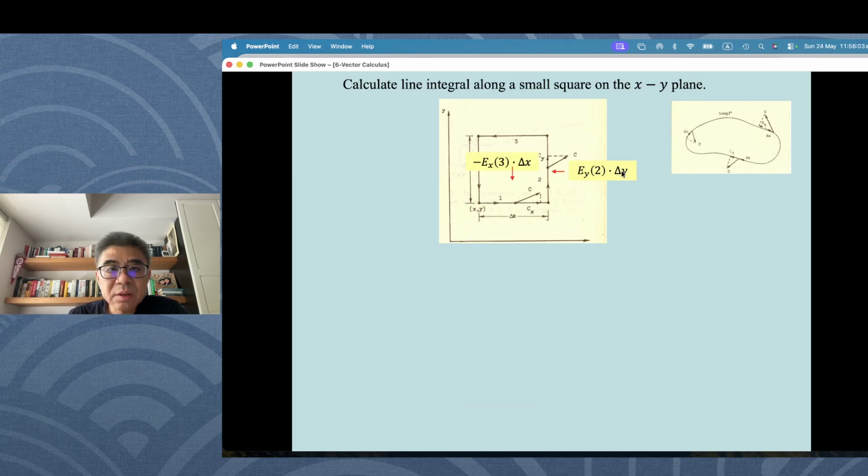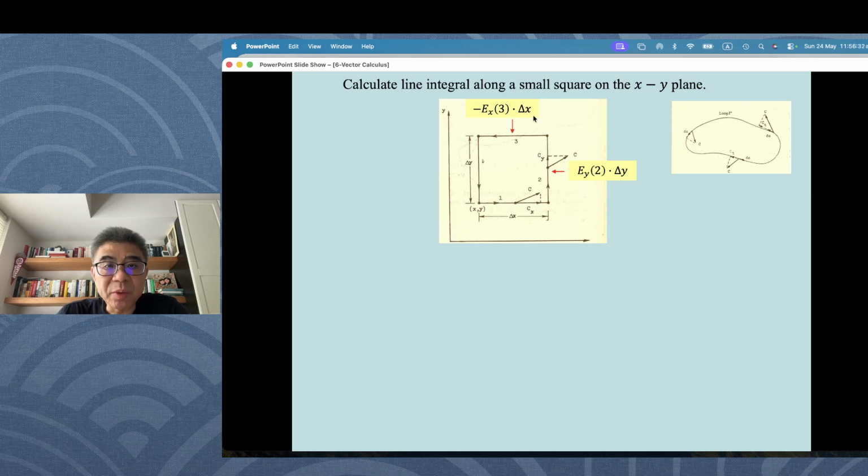Then section 3, we assume that it is along the negative x-axis. Therefore, it will pick out the minus E_x component of the electric field along the third path. Here I say it's on 3. And then there will be delta x, that's the length of the edge of the subpath.